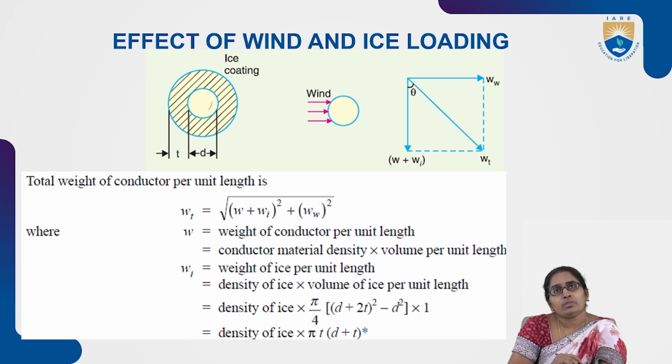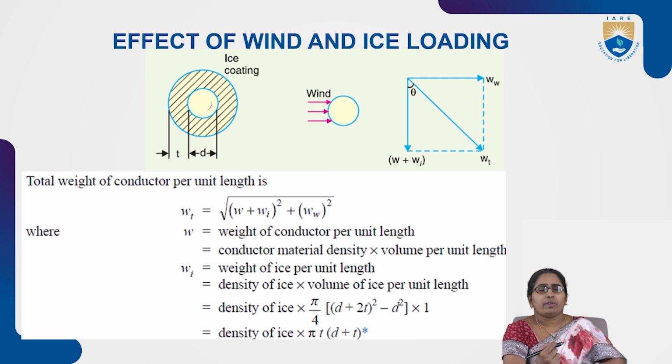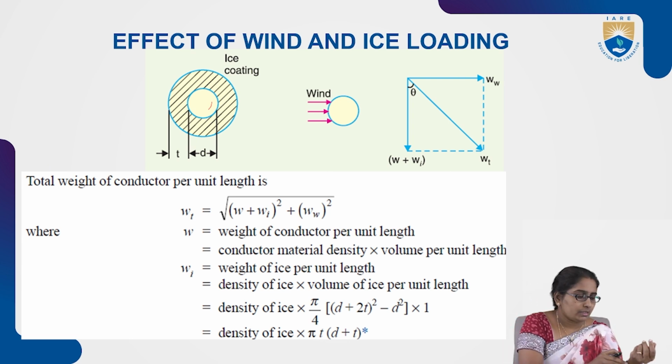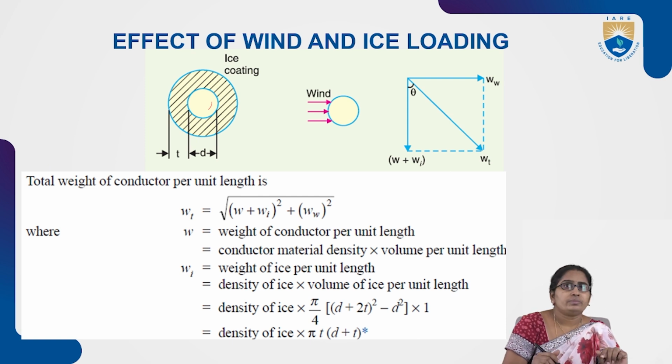We need the weight due to ice, Wi, and also Ww. First, look at the own weight of the conductor, W. We know that it is the weight of the conductor per unit length.